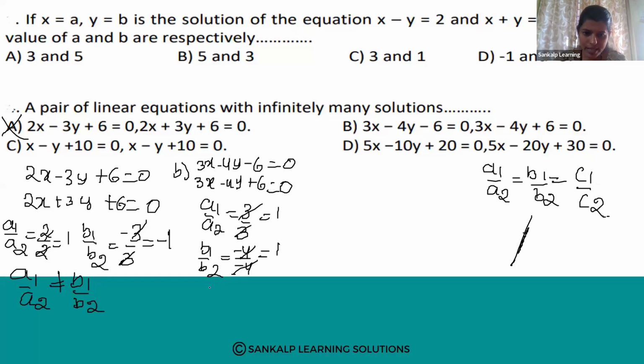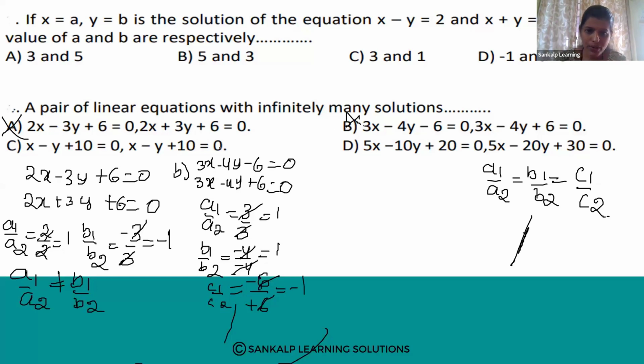Minus and minus will also get cancelled. C1 divided by C2: C1 value is minus 6, C2 value is plus 6. 6 and 6 will get cancelled. You will get minus 1. But we want plus 1, in order to get A1 divided by A2 is equal to B1 divided by B2 is equal to C1 divided by C2. Here minus 1 is there. Therefore, this option is also wrong.